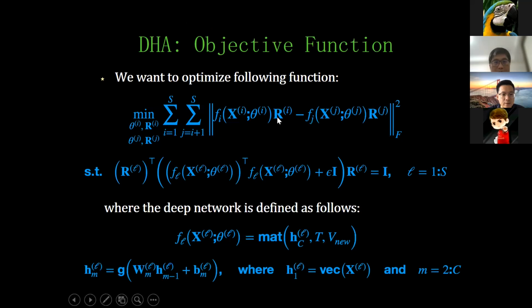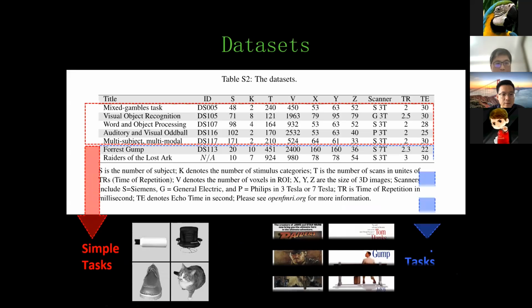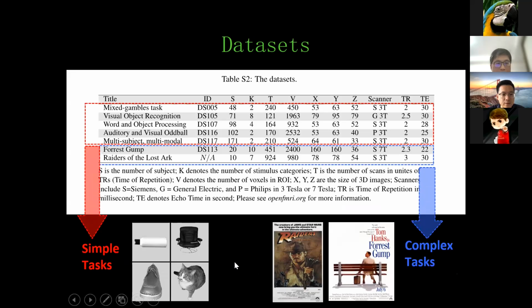This is the objective function. So we use a neural network to learn the mapping, f(x; theta), and then perform the hyperalignment in the functional space. Okay, and we also performed some experiments using some open datasets.